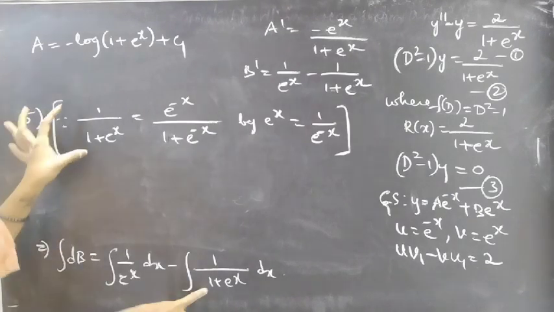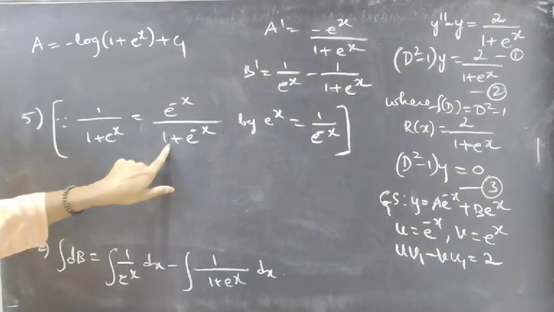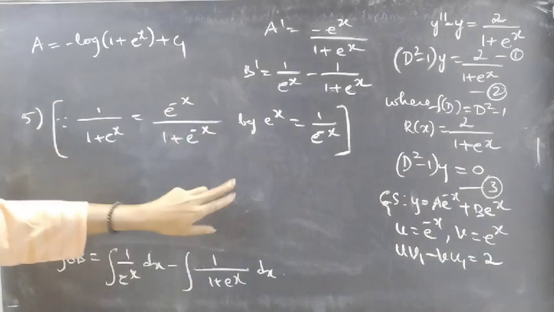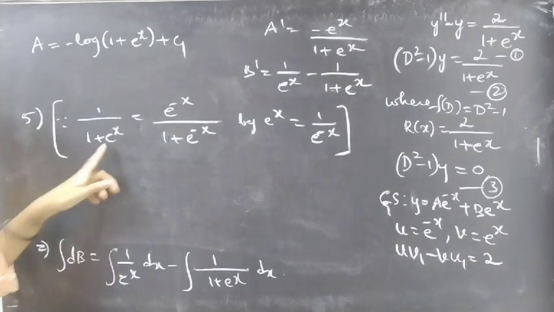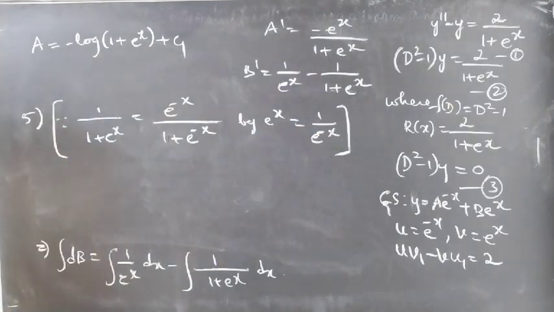Since 1 by 1 plus e power x can be replaced with e power minus x by 1 plus e power minus x, just by putting e power x as 1 by e power minus x.